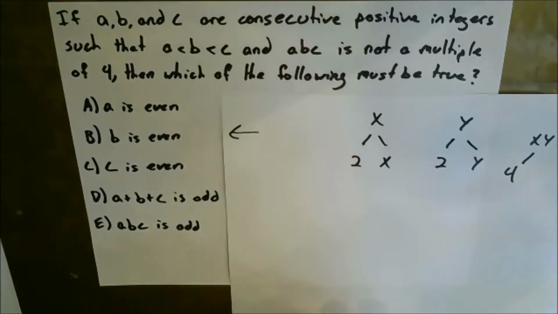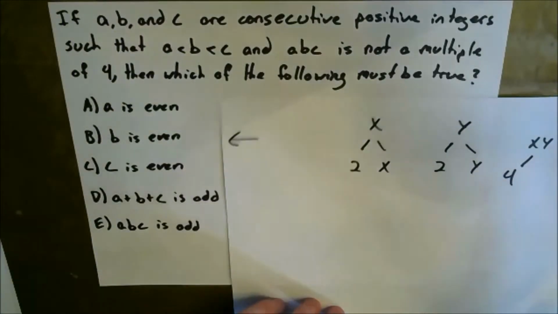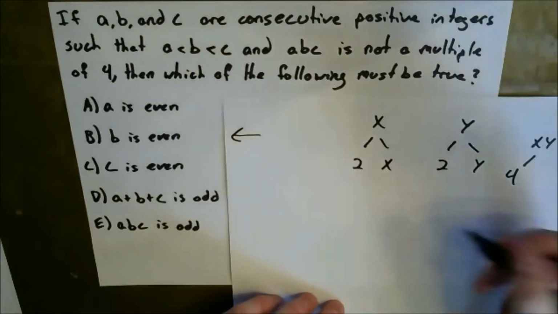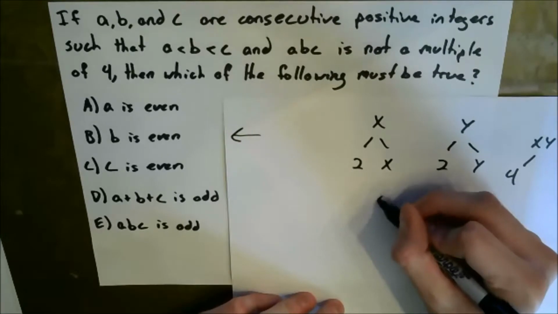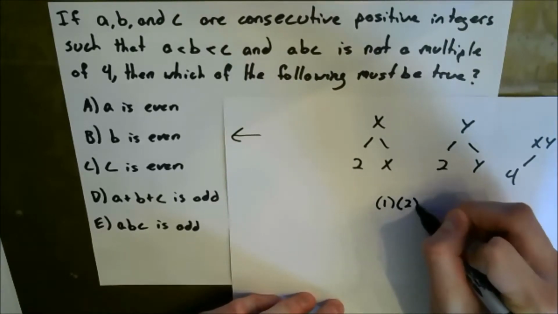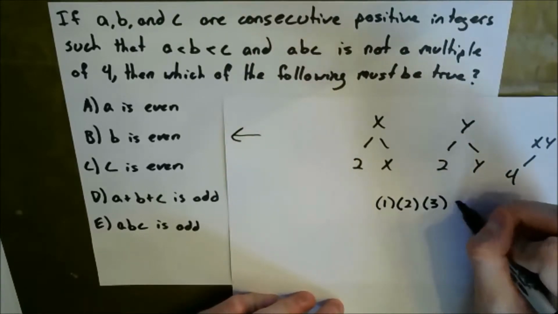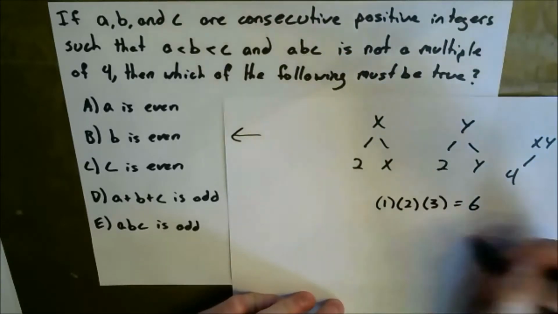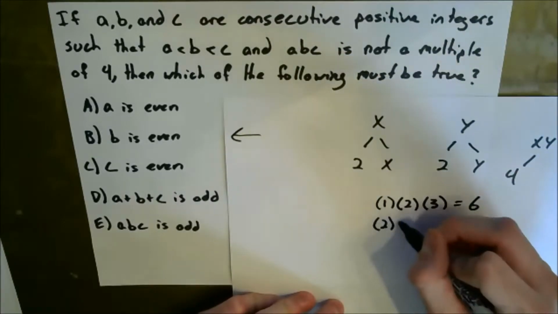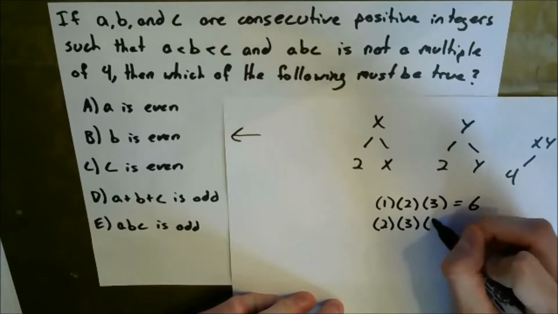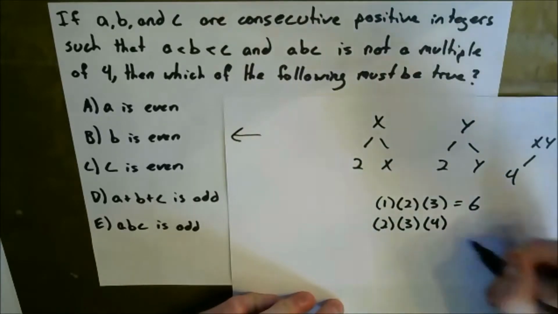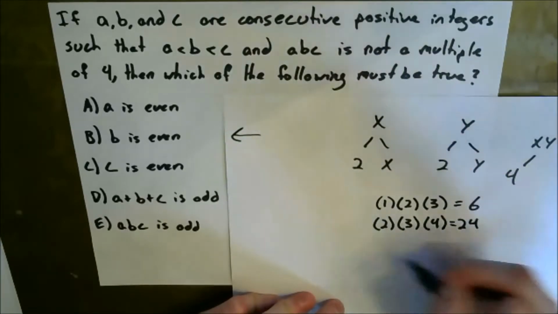So another thing you can do is just try different examples. That's always an option with questions like these. So let's start at the beginning. Let's say a is 1, b is 2, c is 3, and that equals 6. Let's keep going. Let's say 2, 3, 4, and we get 24.